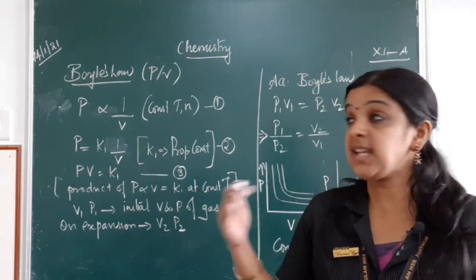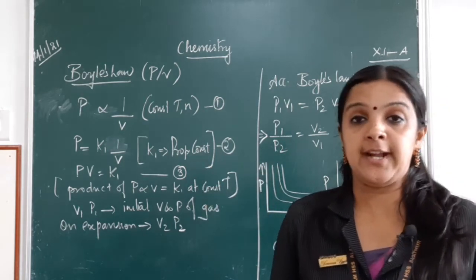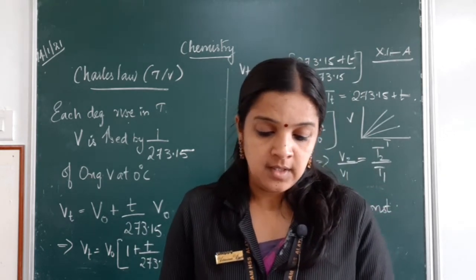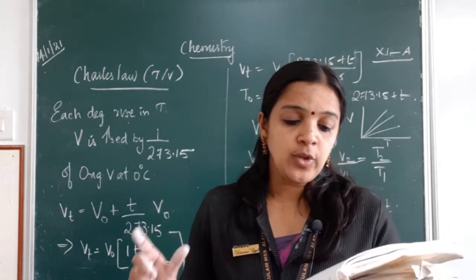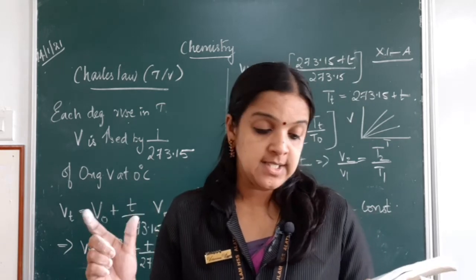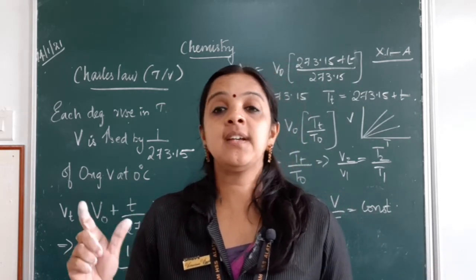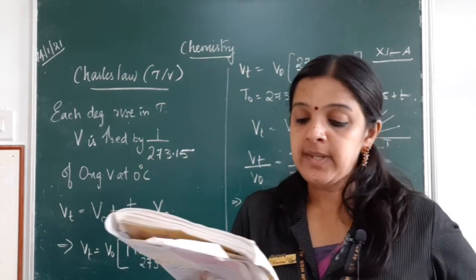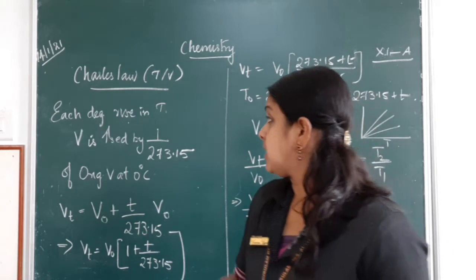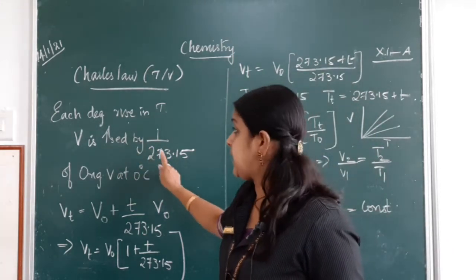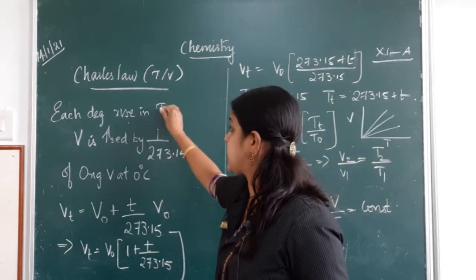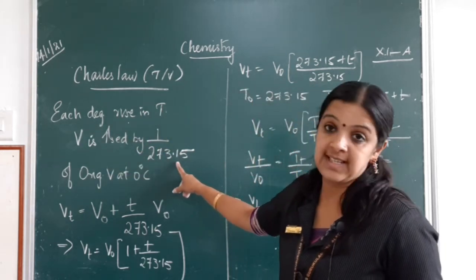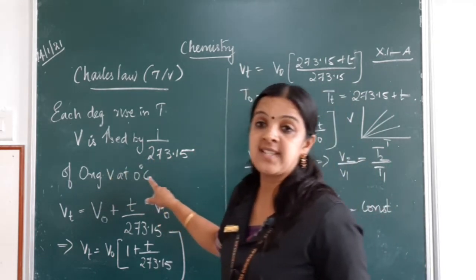Now let us see Charles law, and then we'll go to Avogadro. If you see Charles law in your textbook, page number 138, it's written that investigations show that for a fixed mass of a gas at constant pressure, the volume and the temperature increase in a direct relationship. Which means if I take a temperature T, for each degree rise in temperature, the volume is increased by 1 by 273.15 of the original volume at 0 degrees.